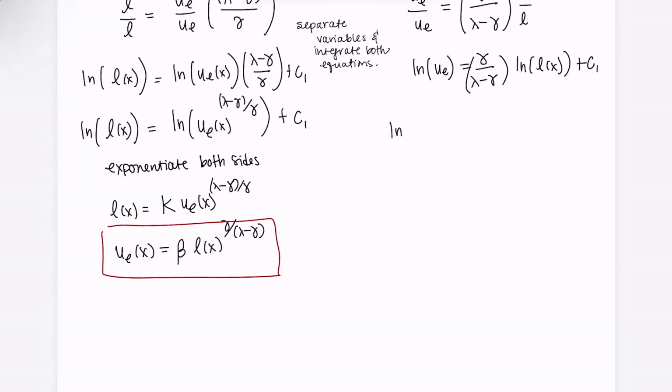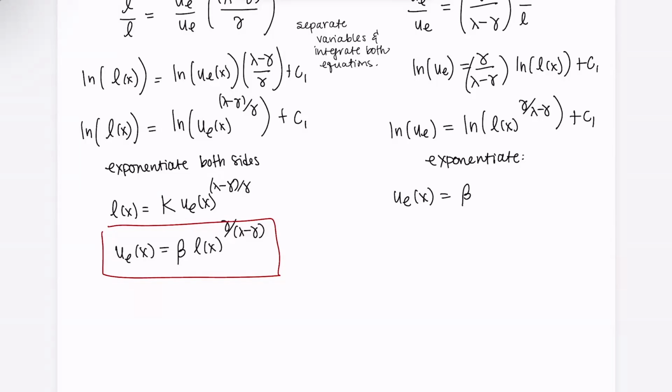So I have natural log of UE is equal to natural log of L of X raised to the gamma over lambda minus gamma plus C1, and then exponentiate. And we get UE of X is equal to beta times L of X to the gamma over lambda minus gamma. They're the same, yay.